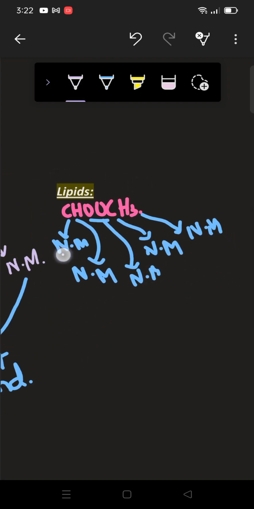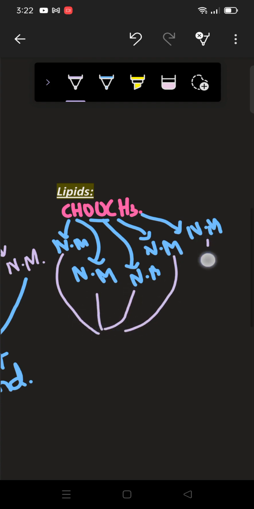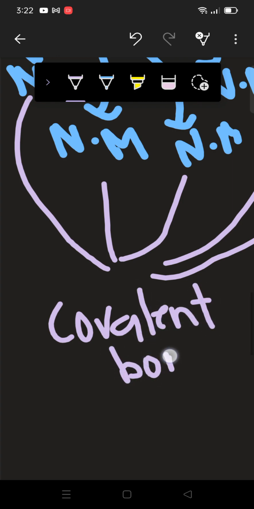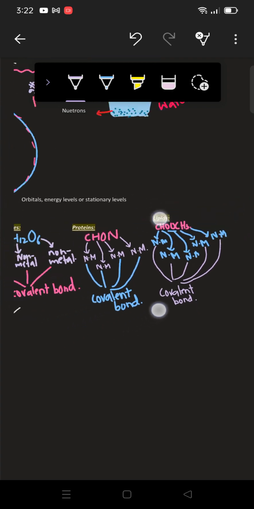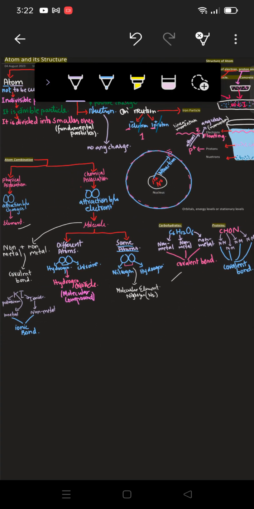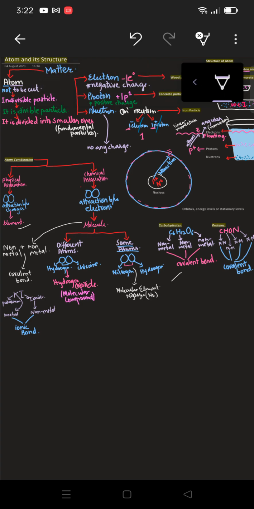When there is an attraction between all these non-metals, they're going to form a covalent bond. So whenever there is attraction between non-metal and non-metal, they form a covalent bond. However, if there is metal and non-metal, there would be an ionic bond. So this was all for today.